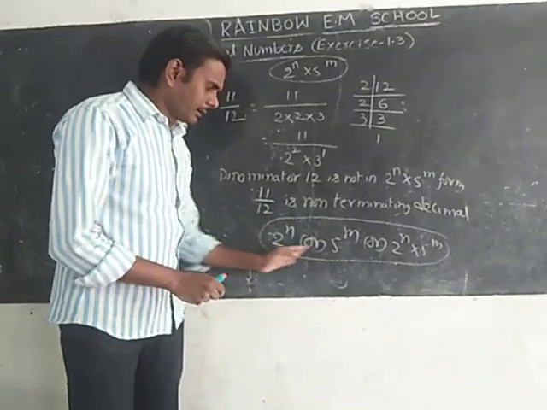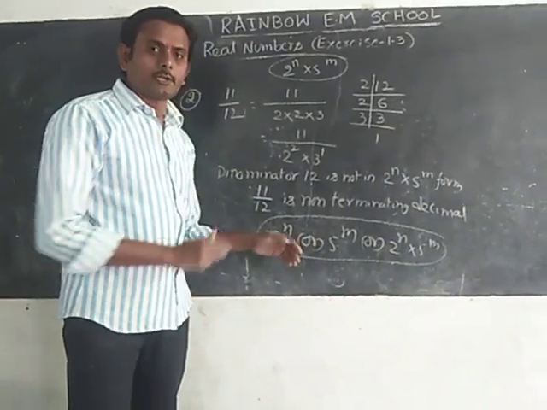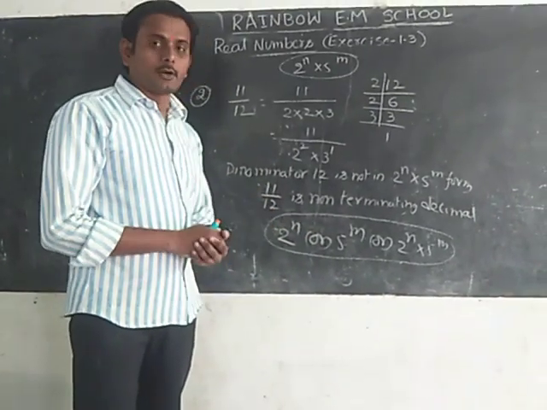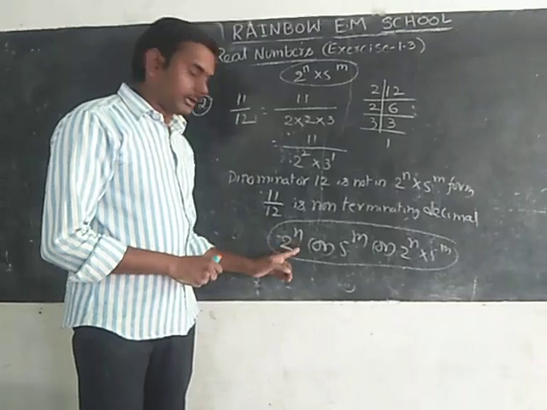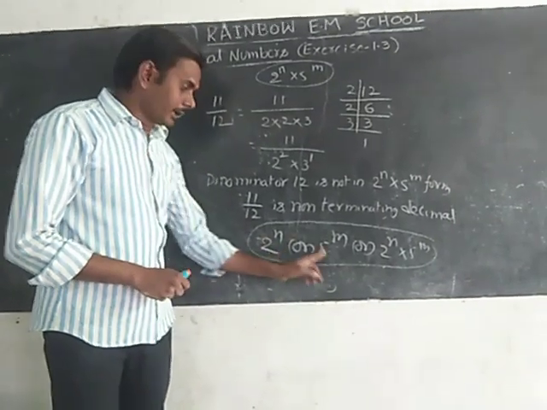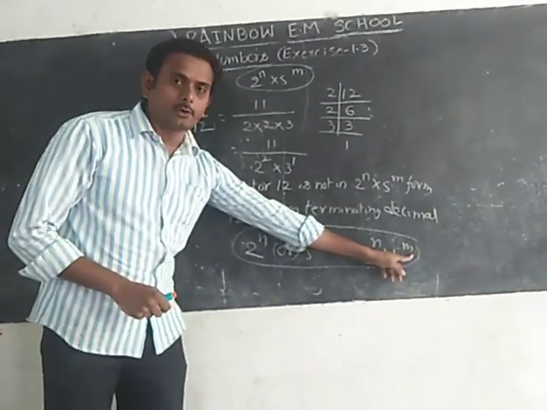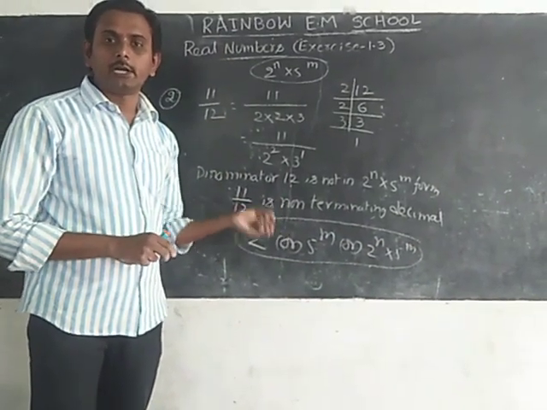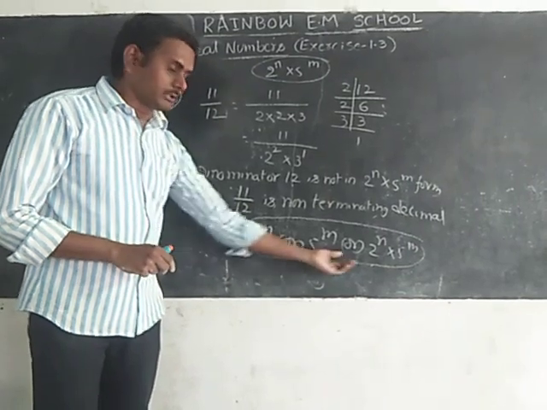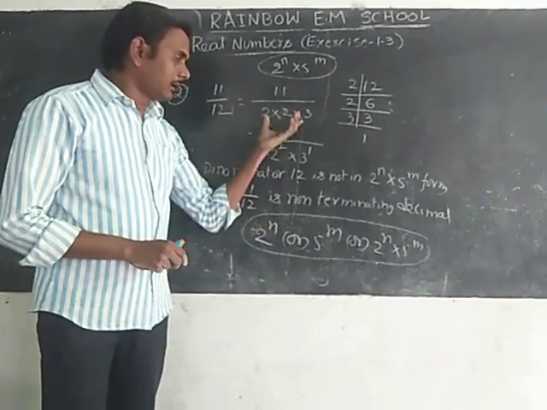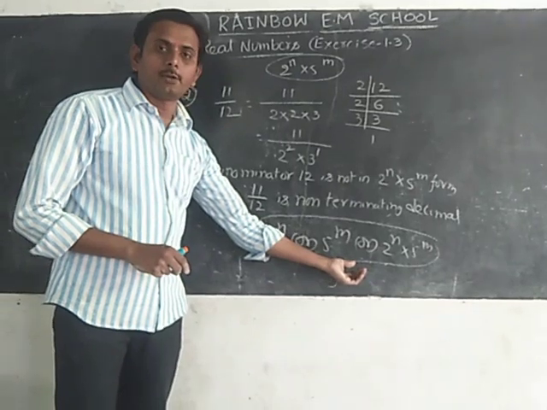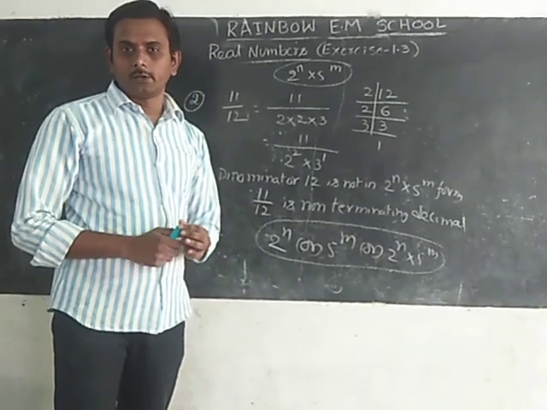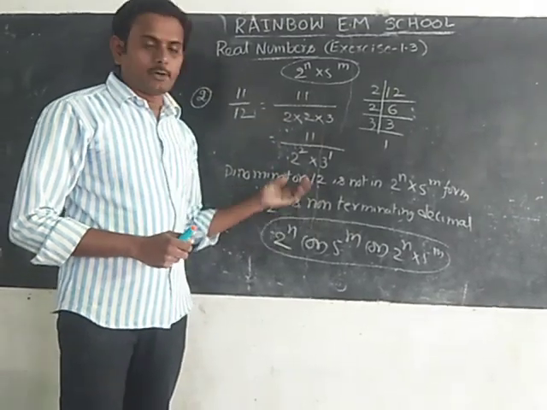Otherwise, if at least one number other than 2 or 5 is there, we can conclude that it gives a non-terminating decimal. This is the non-terminating decimal example.